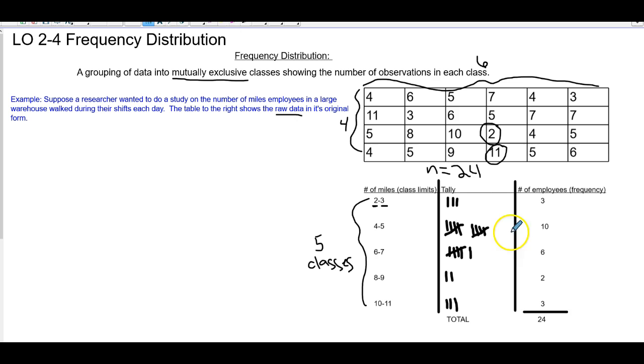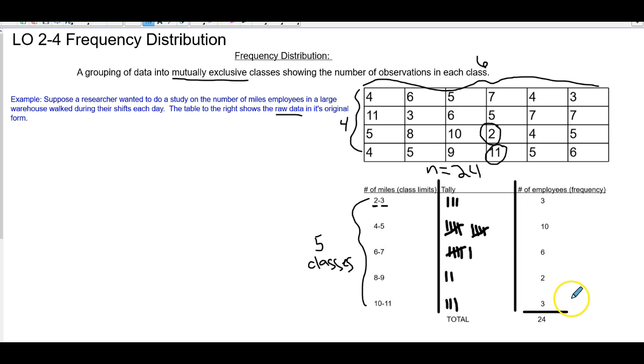In this scenario, it's our number of employees. All I did was add up my tally marks to get my frequency. So we have 3 employees that walk between 2 and 3 miles. We have 10 that walk 4 to 5 miles. We have 6 that do 6 or 7 miles.